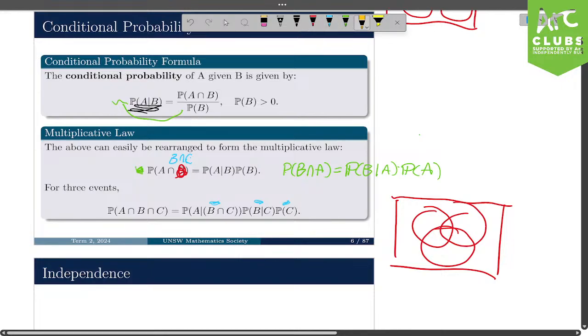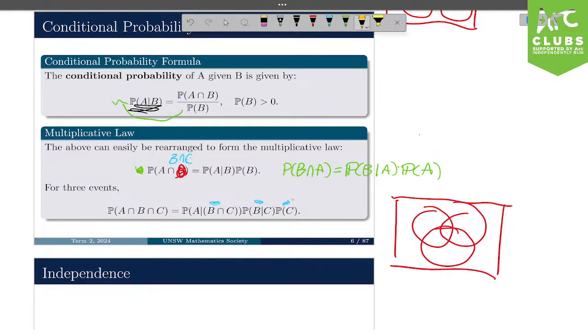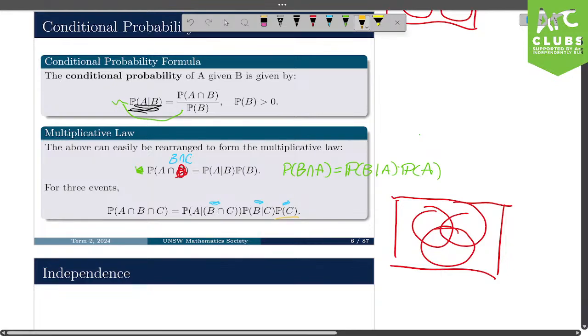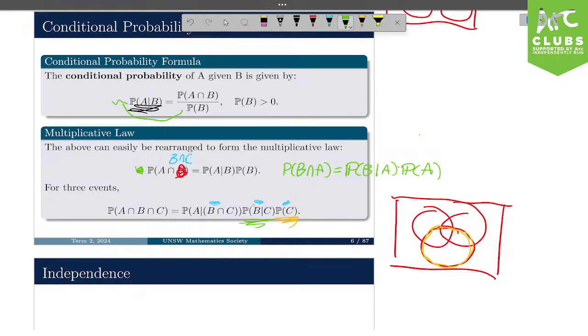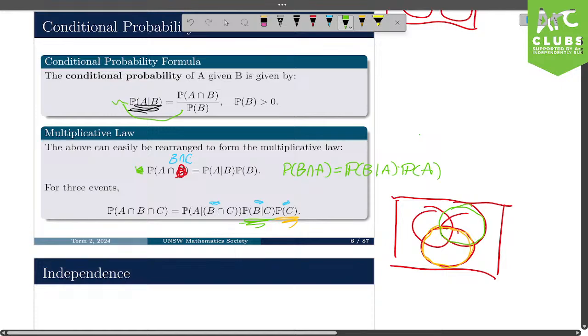This first term makes sure that we're in the circle C. The next term says, given that we're in circle C, what's the probability that we're in circle B? So it pushes us into this intersection.